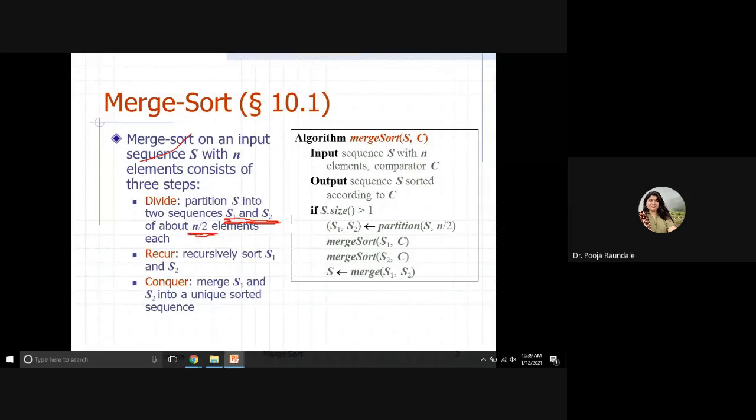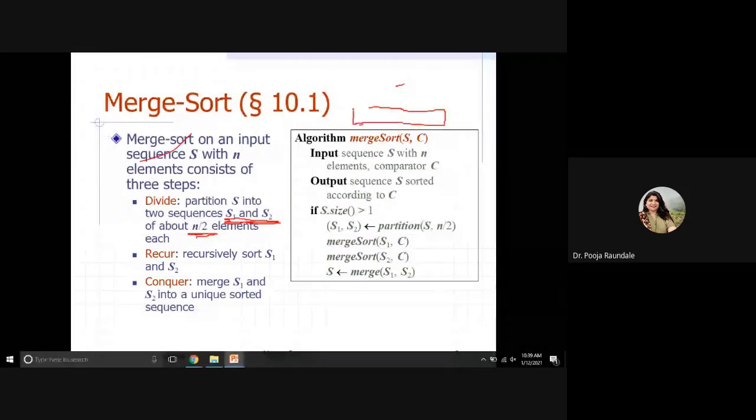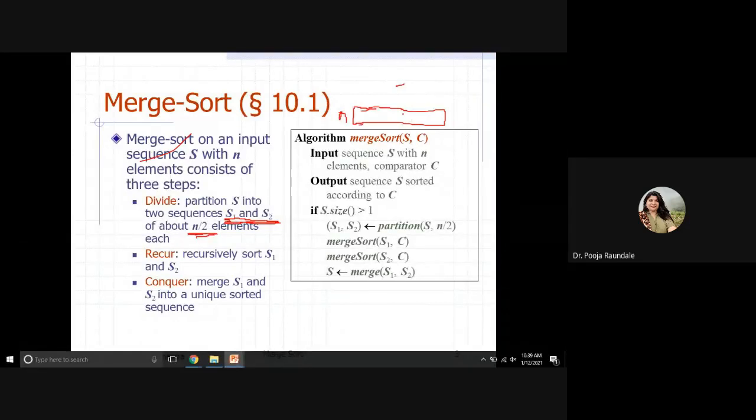So initially we have an array of n elements. We break that array into two pieces, n by 2 and n by 2. And then we sort these two separate pieces using the same concept recursively.